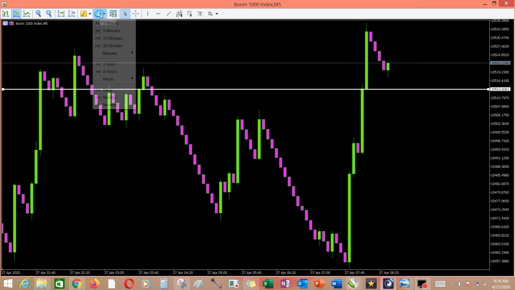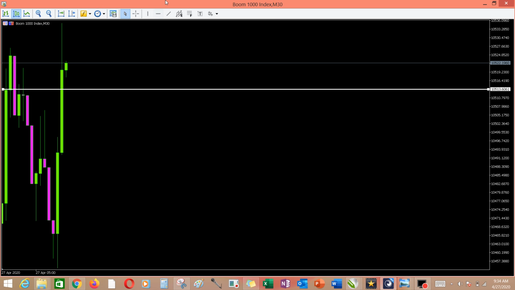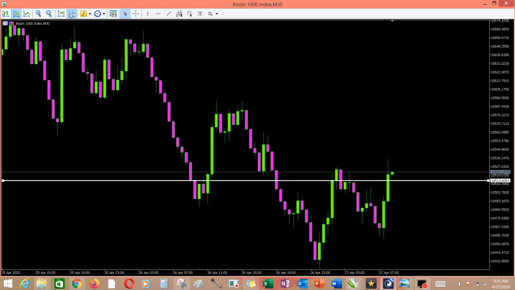But apart from that, let's go down to the 30 minute time frame again. Apart from that, we've got the major support and resistance zones, which are very, very important in trading, most especially if you want to trade for long. For instance, if you check from here, can you see this formed a major resistance level.